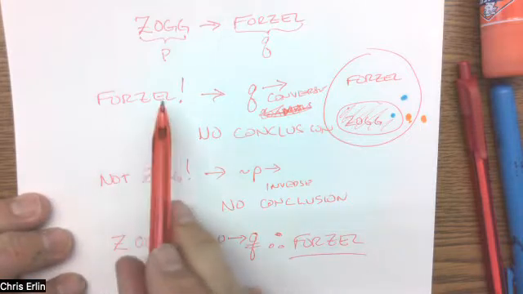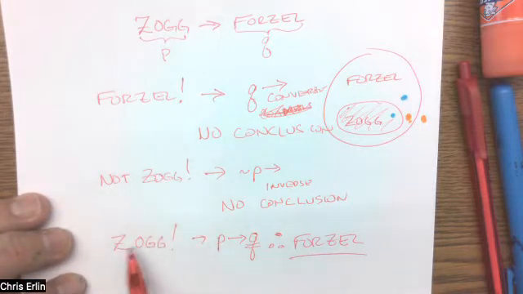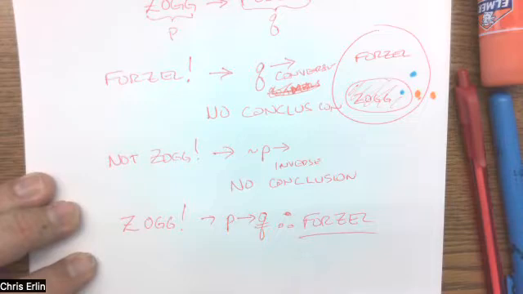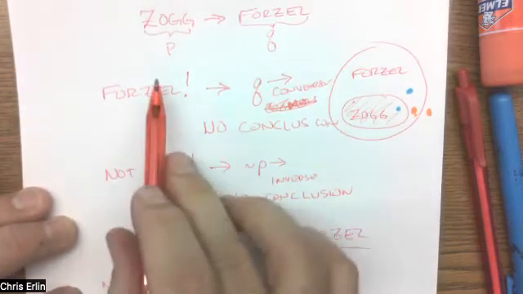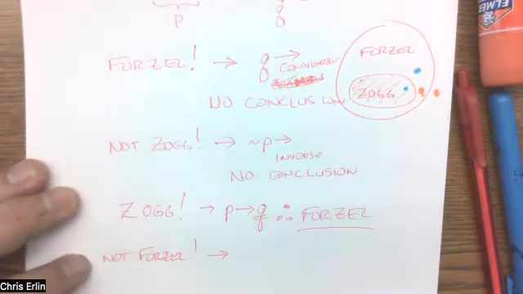So we were starting with Forzel, we were starting with not Zog, we were starting with Zog. What's the fourth one? Not Forzel, good. Can I make a conclusion if I were given that if Zog, then Forzel, and not Forzel?